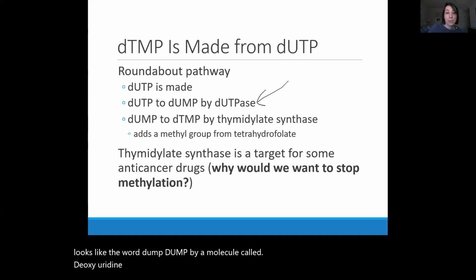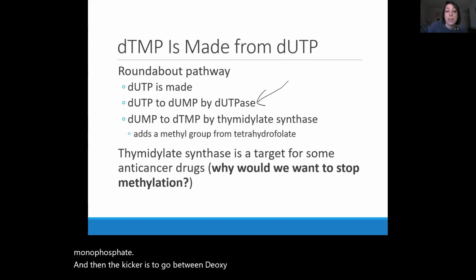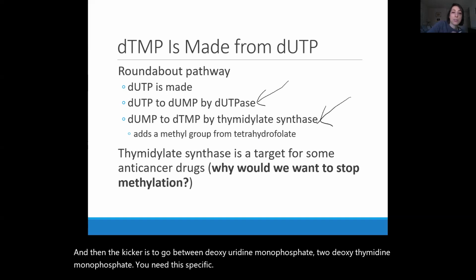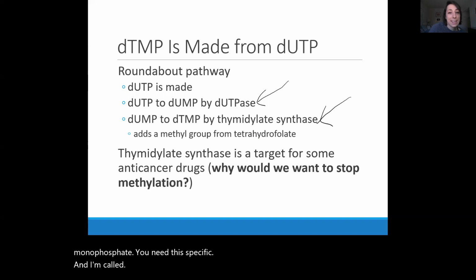It just removes the phosphates, goes from a triphosphate to a monophosphate. And then the kicker is to go from deoxyuridine monophosphate to deoxythymidine monophosphate, you need this specific enzyme called thymidylate synthase. This actually adds that methyl group on to make the T nucleotide.